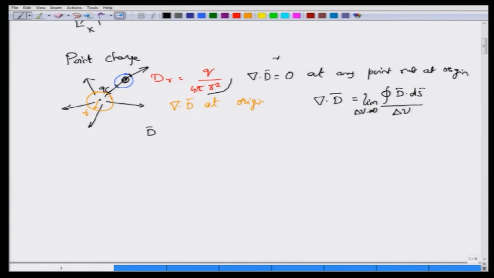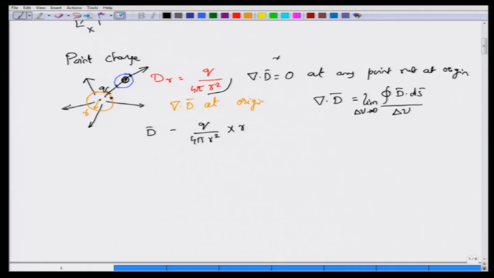Therefore, at the surface of the sphere, which is at a radius r as measured from the origin, D will be q by 4 pi r square, okay. This needs to be multiplied by the surface area of the sphere, because the D field will be everywhere perpendicular to the surface, and therefore that integral of D dot dS simply becomes multiplying the value of D with the surface area of the sphere.